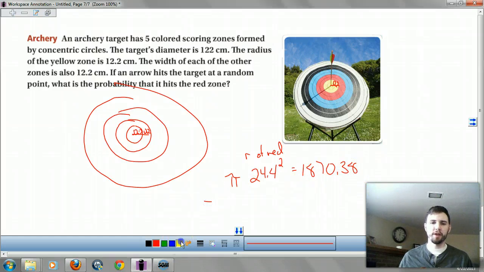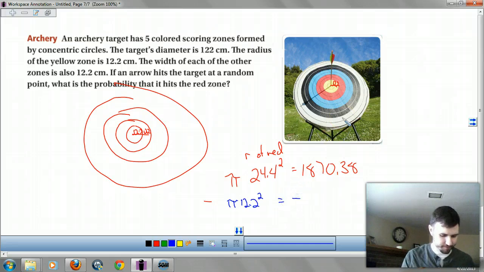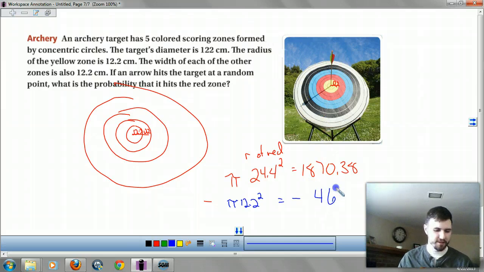Now I need to subtract from that my yellow area. I'm going to use blue because yellow doesn't match. So I go pi r squared, because remember they said yellow's radius was 12.2. Now I'm going to subtract that from it. So I get 467.6.